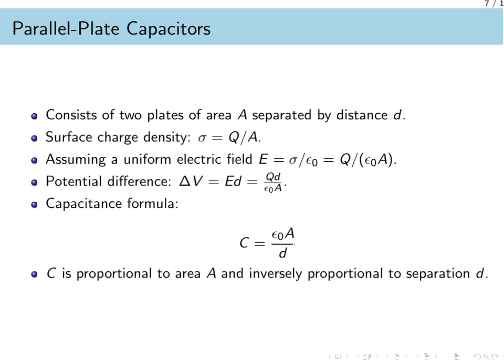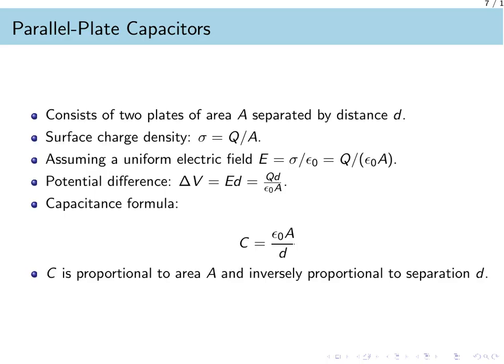The most common configuration we encounter is the parallel plate capacitor, consisting of two conducting plates of area A separated by a small distance d. If we assume the plates are large relative to their separation, the electric field E between them is uniform and equal to the surface charge density σ divided by the permittivity of free space, ε₀.